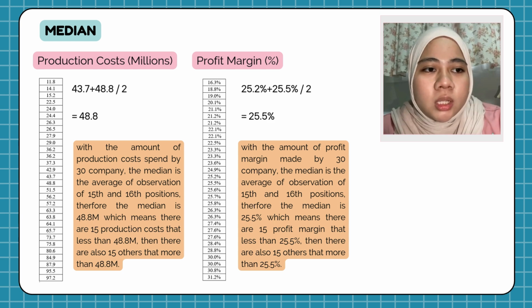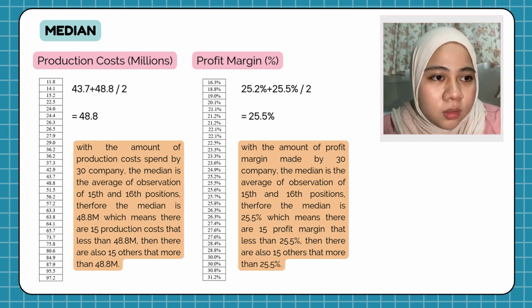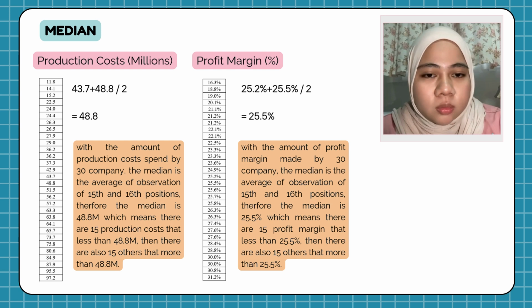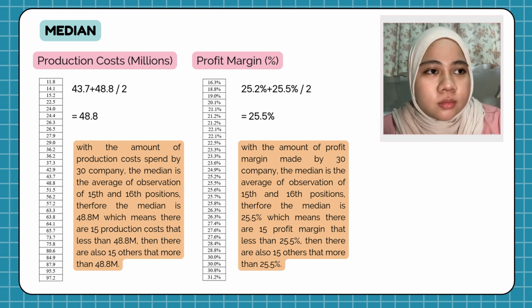Therefore, the median is 48.8 million, which means there are 15 production costs that are less than 48.8 million, and there are also 15 others that cost more than 48.8 million.